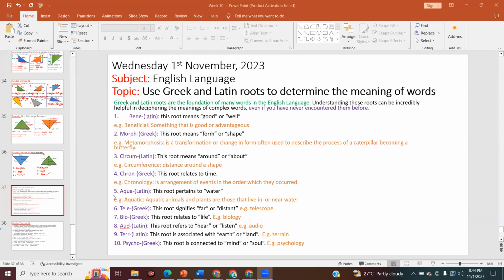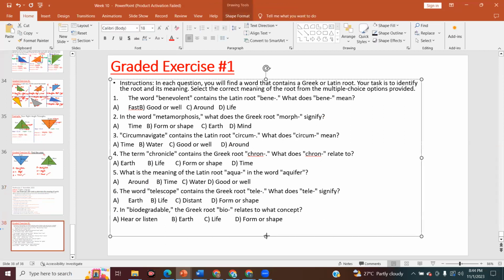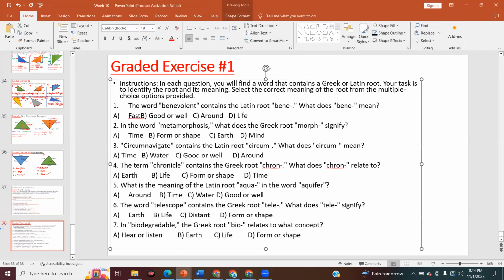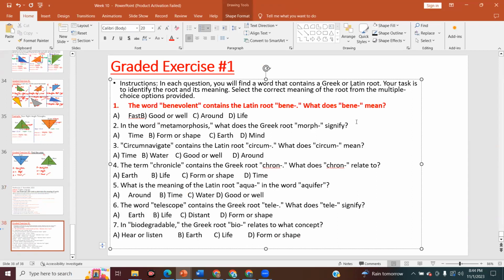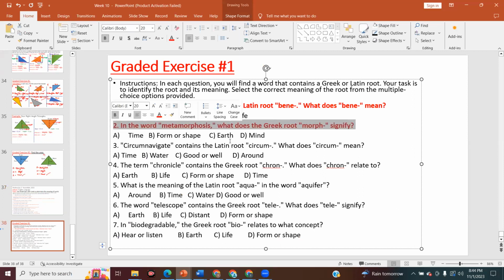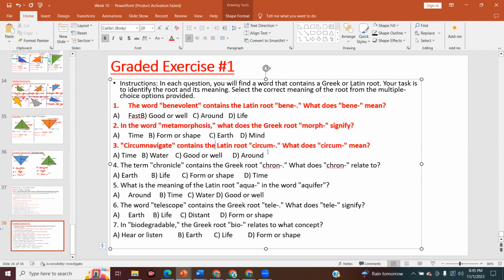Like I said, for this one, do not write the options, only write down the questions and the correct answer. The first one says the word benevolent contains the Latin root bene. What does bene mean? The second one, in metamorphosis, what does the Greek root morph signify? Circumnavigate, what does that root mean? How about chronicle?